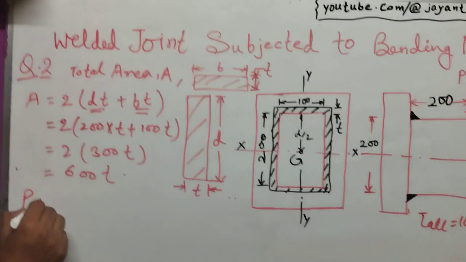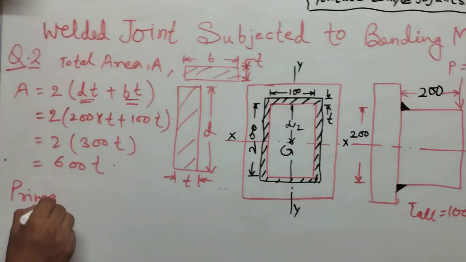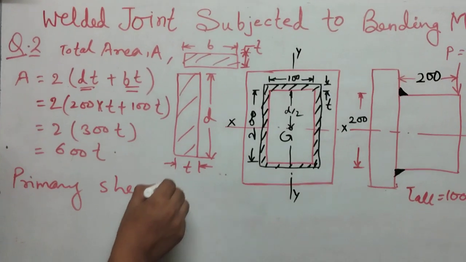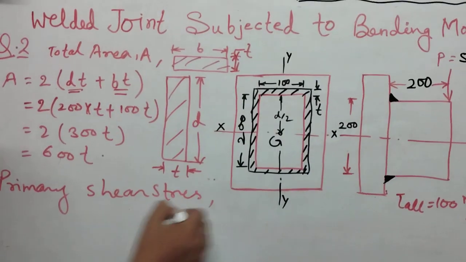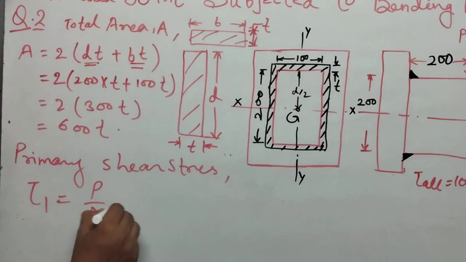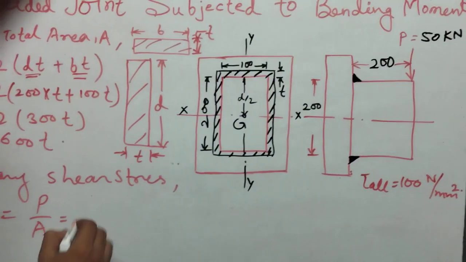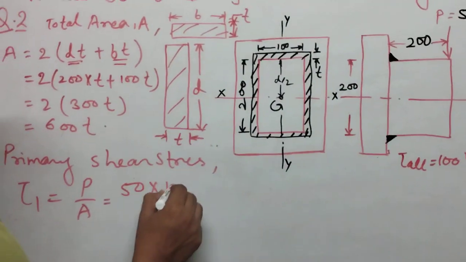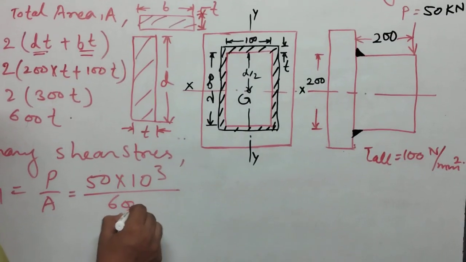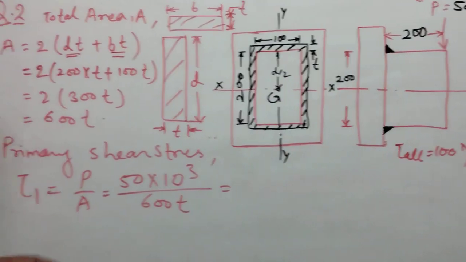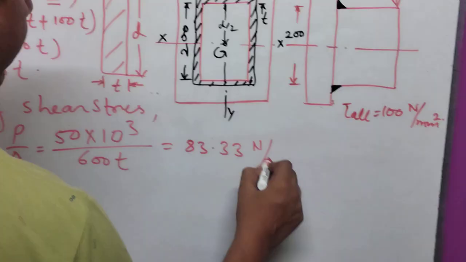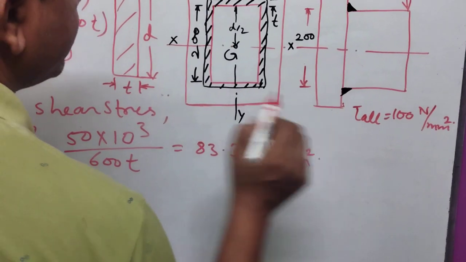Now finding the primary shear stress, tau 1 equals P by A, where A is the total area. P is 50 kilonewton, divided by area 600 T. Therefore we get tau 1 equal to 83.33 divided by T Newton per millimeter square.